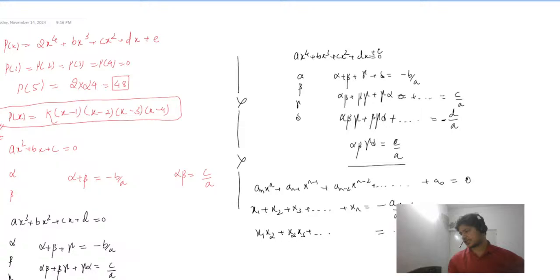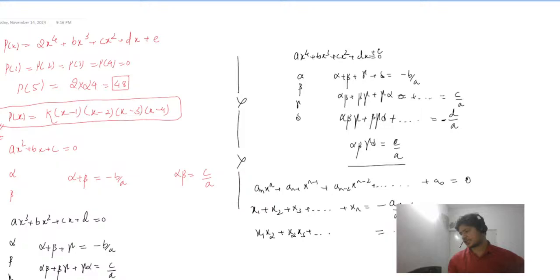Now if we take three in pairs, x1x2x3, x2x3x4, that will come under minus a_(n-3) over a_n. Similarly, the last one, x1x2 till xn, the product, will be a_0 over a_n, or minus 1 to the power n times that.